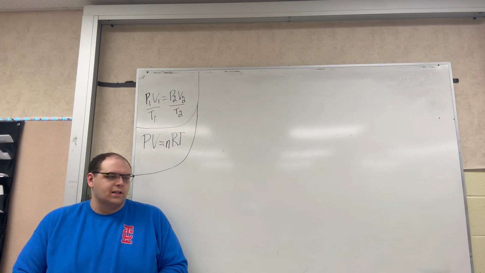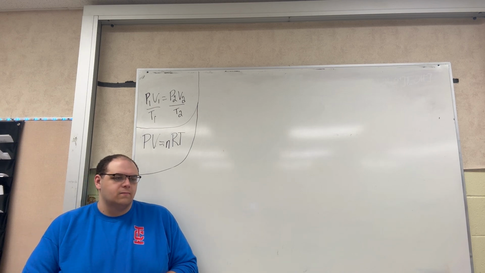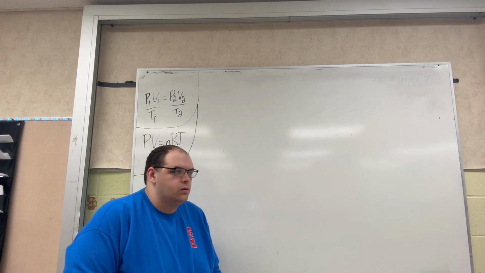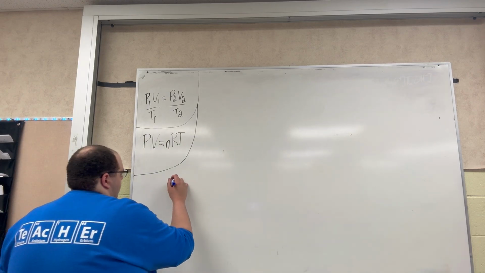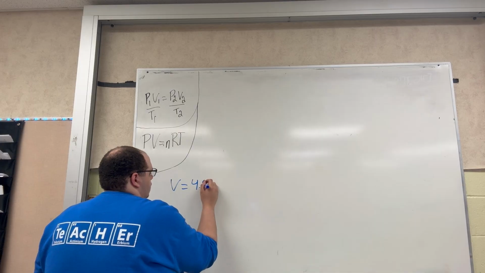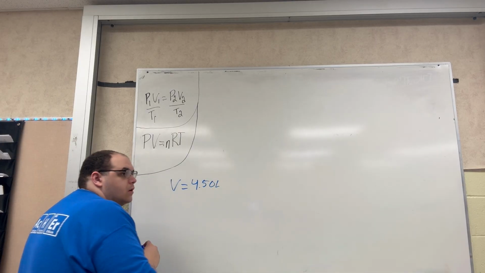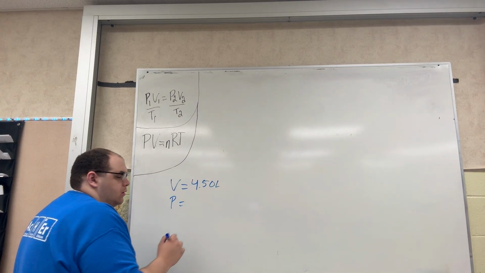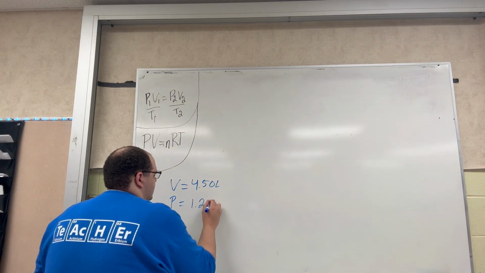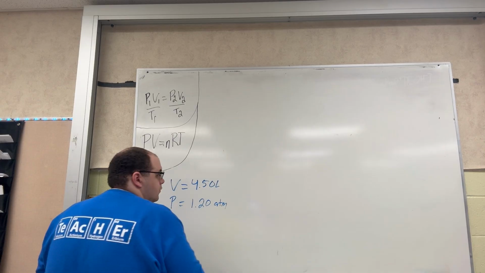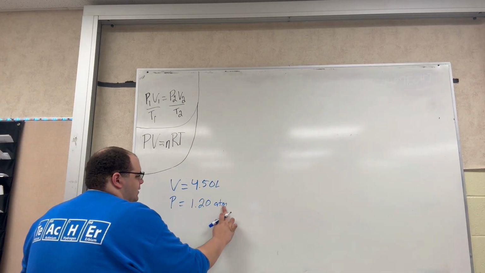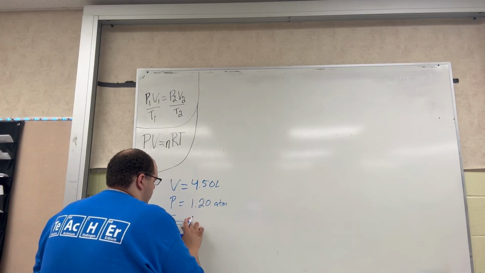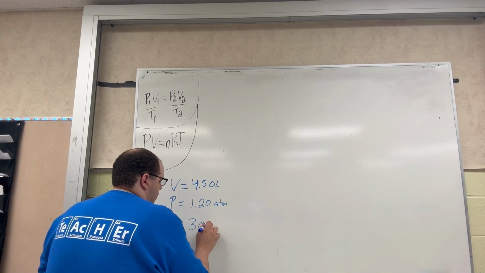We start these out just like we did the other ones, by making a list of my givens. 4.50 liters. Liters means volume, so I know my volume is 4.5 liters. Atmospheres means pressure, so I know my pressure is 1.20 atm. And I know my temperature is 300 Kelvin, because Kelvin means temperature.